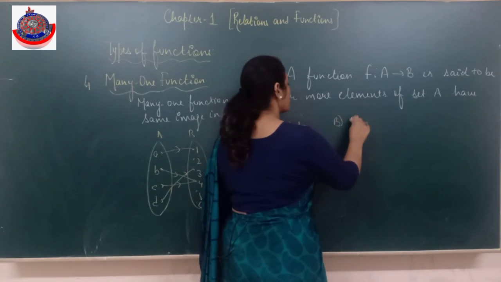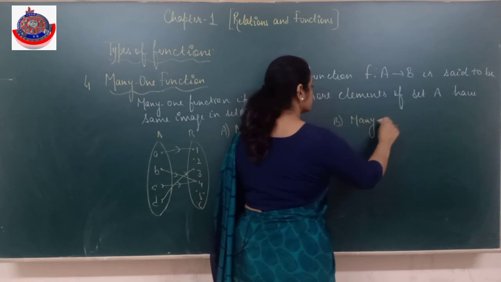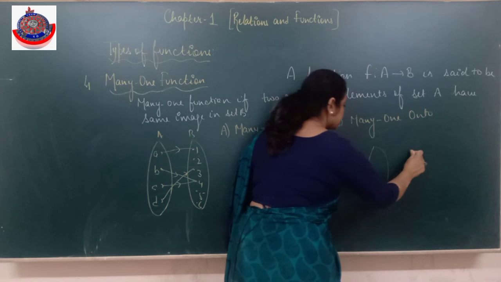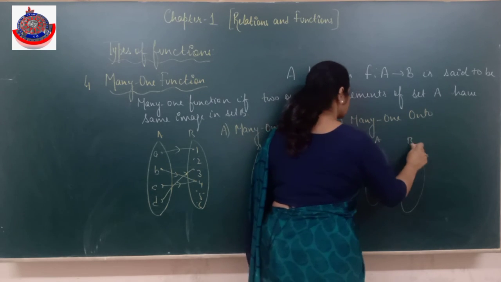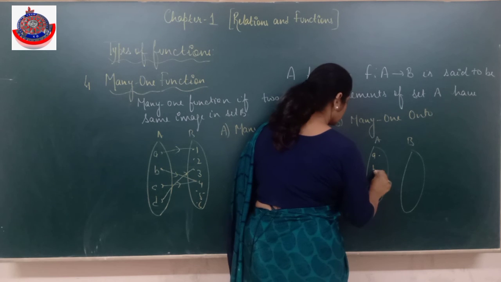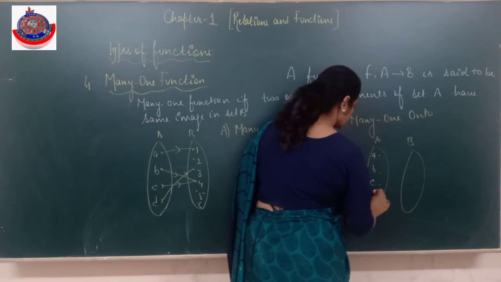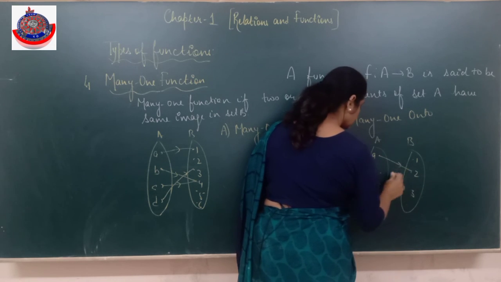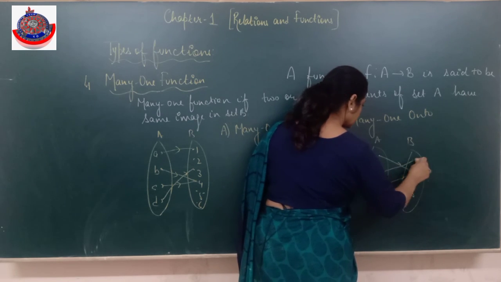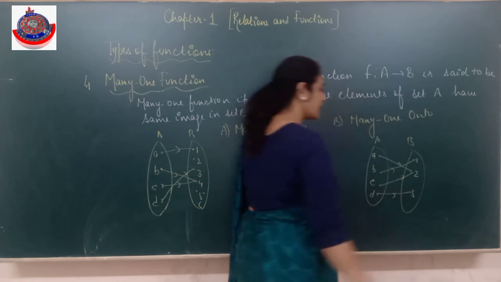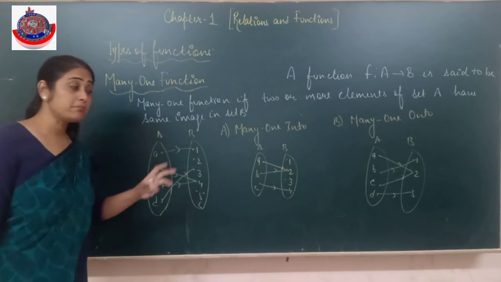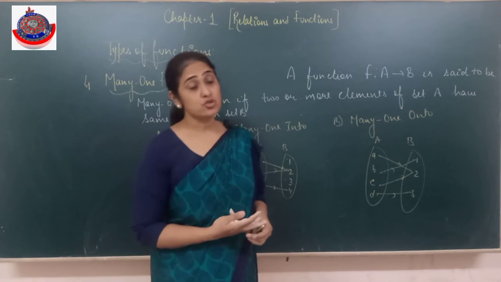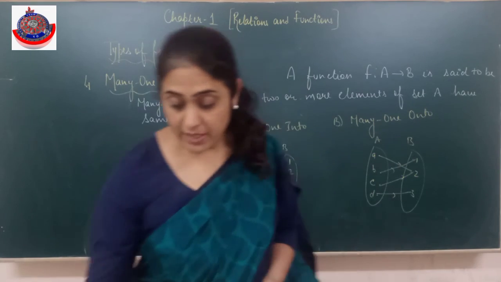Alright, so many-one onto, when there is no element left in the second set. Many elements have one image, but there is no element left in the second set, so that is called many-one onto. Is it clear?